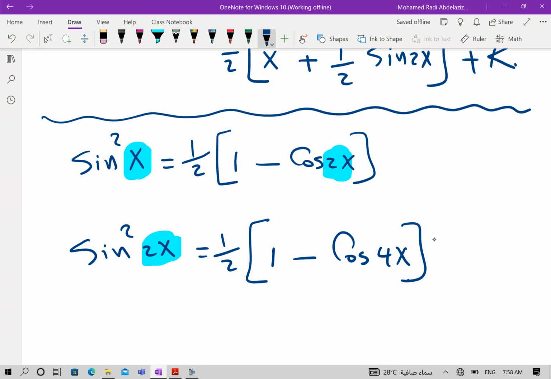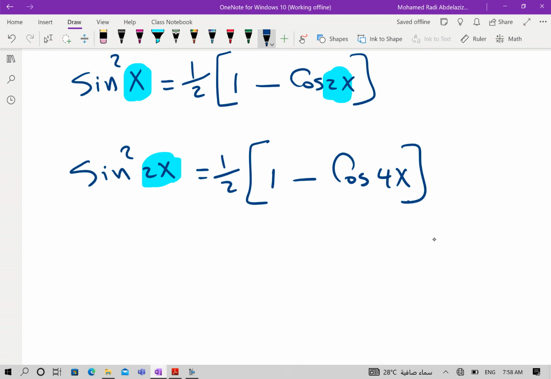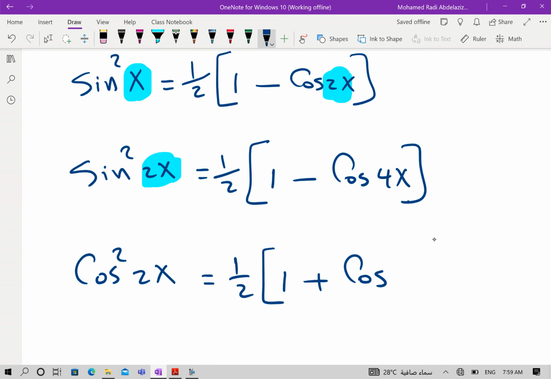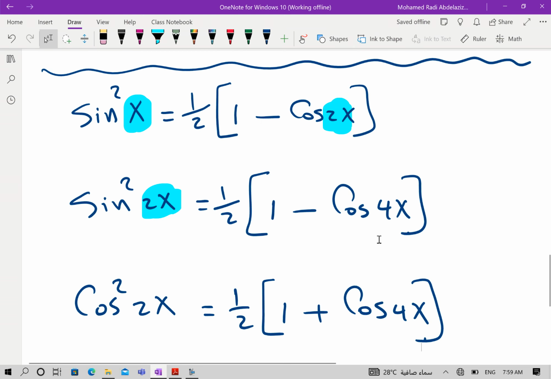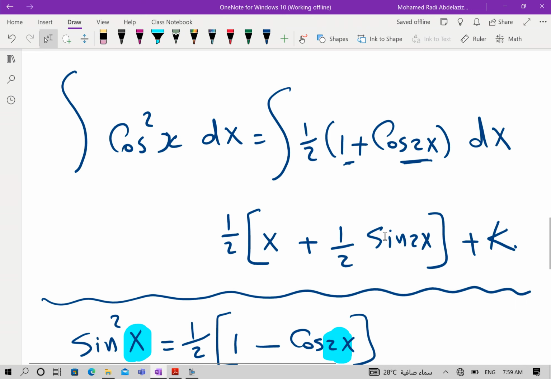By the same way, what is the identity of cosine squared 2x? 1 over 2, 1 plus cosine 4x. If here it's x, it will be 2x; if it is 2x, it will be 4x. I'm asking the identity, it's not integration. So is the integration clear?